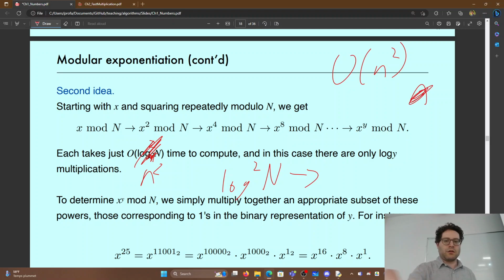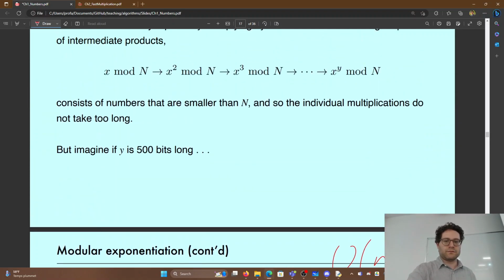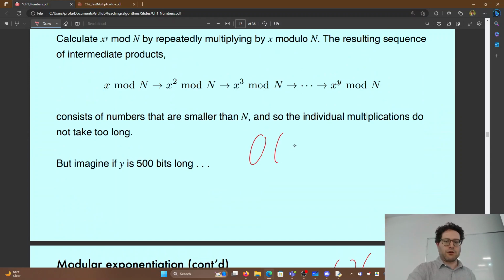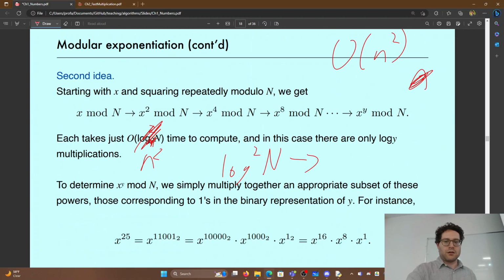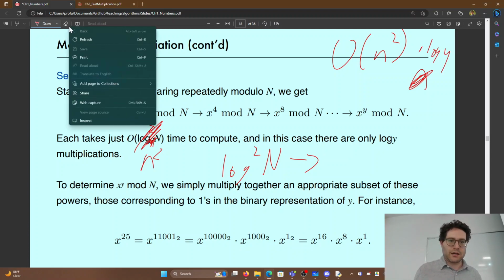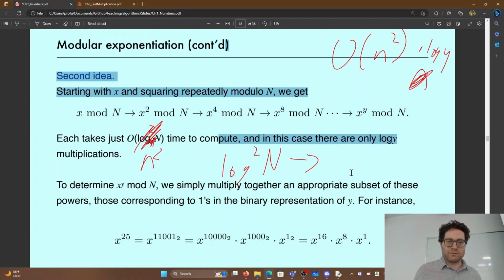So here, rather than what we were doing over here, O of n squared and having to do y of those, because we're doubling each time, we only have to do O of n times log y operations, as the slide says.